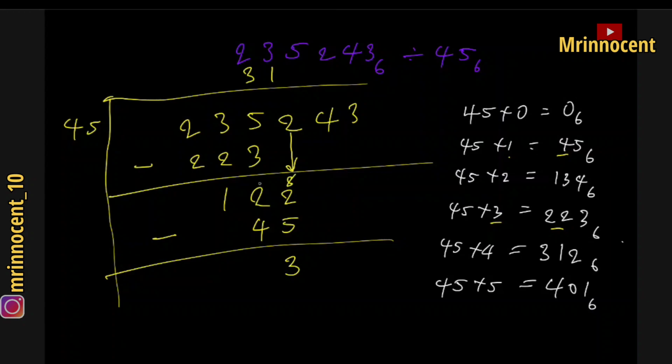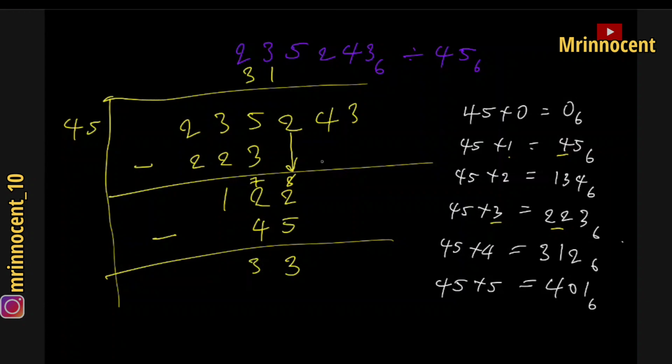So this one remains 1. 1 minus 4 cannot, borrow 1 here. Call it 7. 7 minus 4 is 3.